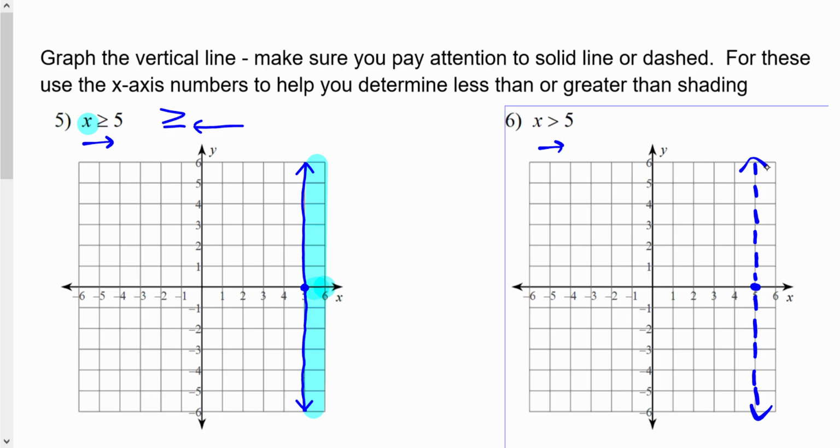And we shade to the right. No worries. So anything that's in the shaded region is the solution, but because we're using that dashed line, that's just a warning to us that anything on this line will not make the inequality true. And then again, anything that's over in the non-shaded region is not a solution.